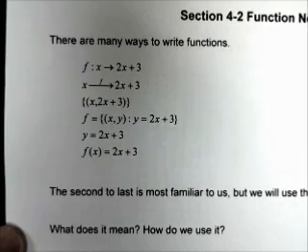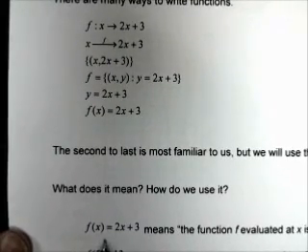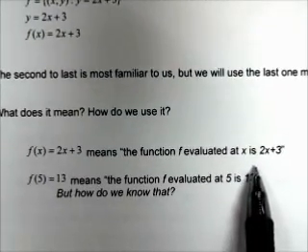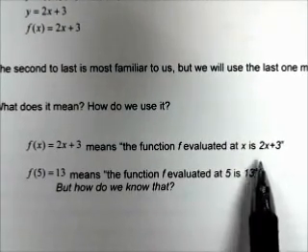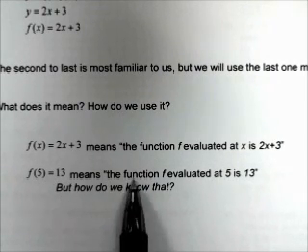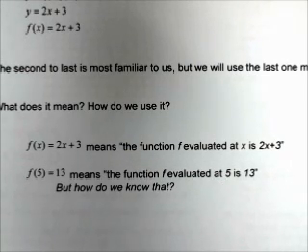What does it mean? How do we use it? Well, f of x equals 2x plus 3 means the function f evaluated at x is 2x plus 3. So if f of 5 equals 13, this means that the function f evaluated at 5 is 13. Well, how do we know that?